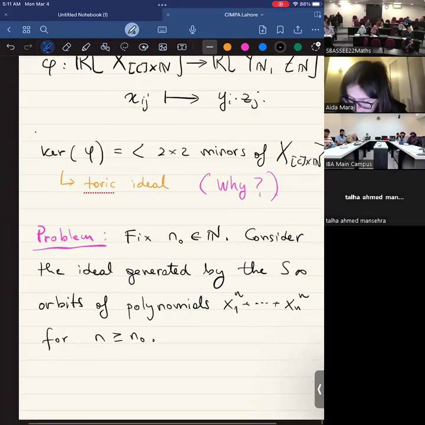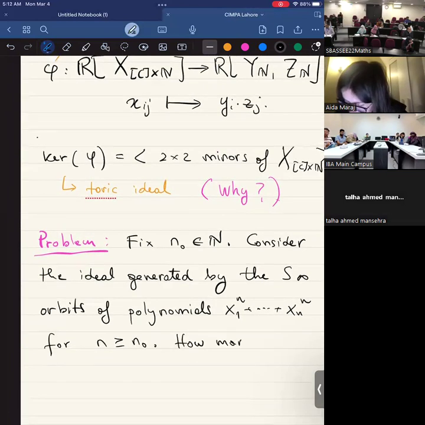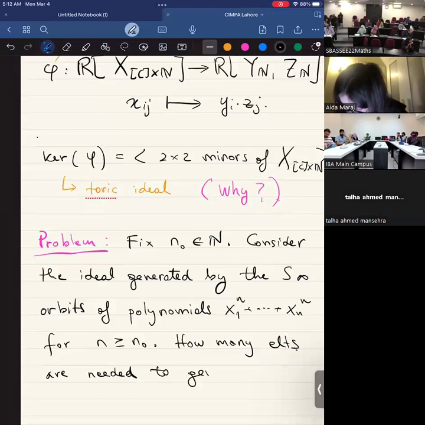And the question is how many elements are needed to generate the ideal.